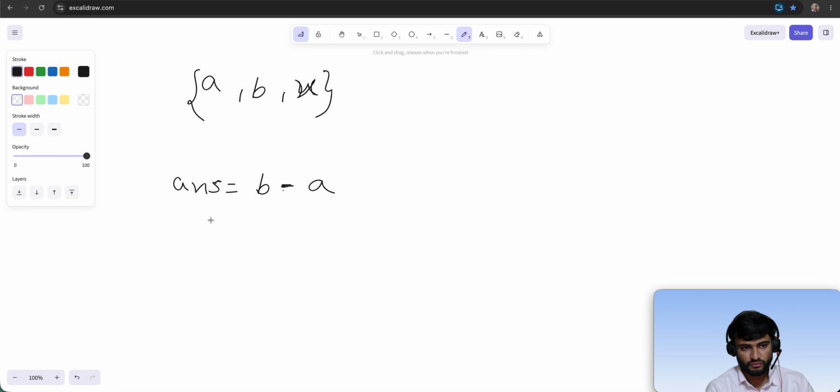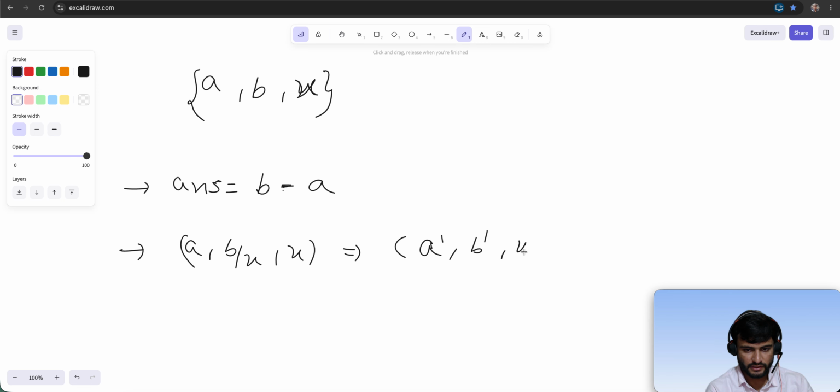Now what you will do is divide b by x. So this is for case 1. For the second case, you will divide b by x. Now your value is b by x, rounding down. Let's say these new values are a dash, b dash, and x.